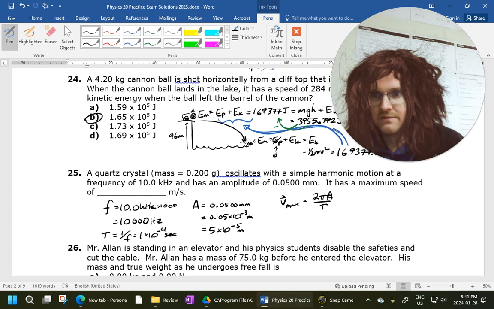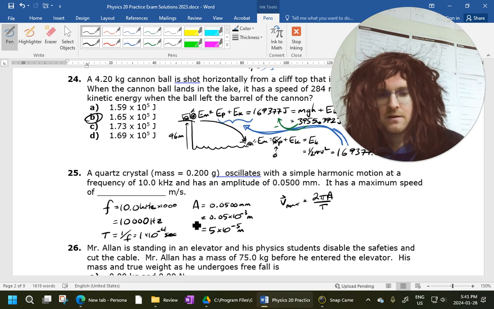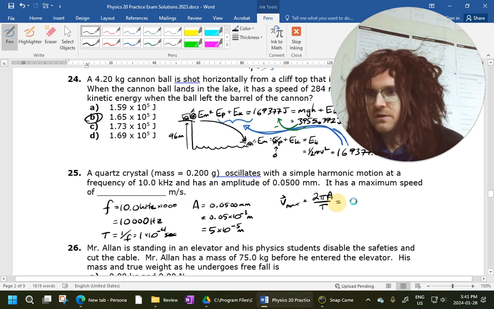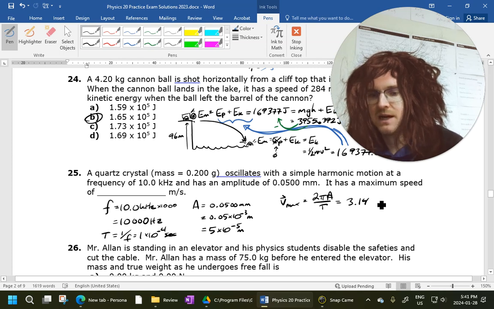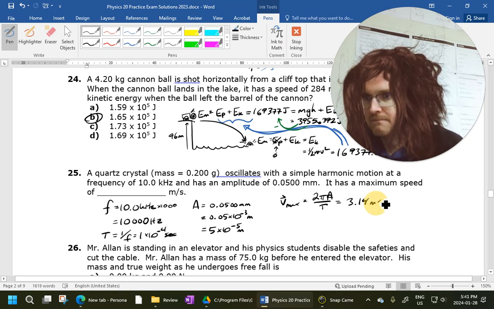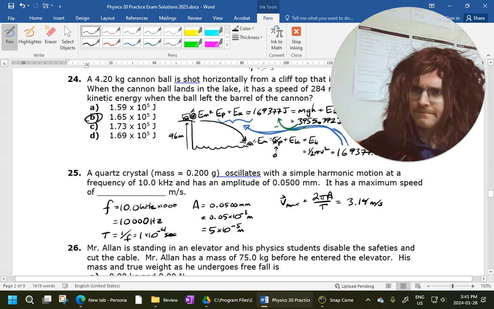Okay, and I'm going to divide it by my period. And then you notice you get 3.14. It's pi. It just mathematically ends up being pi there. Meters per second. It's pi meters per second.